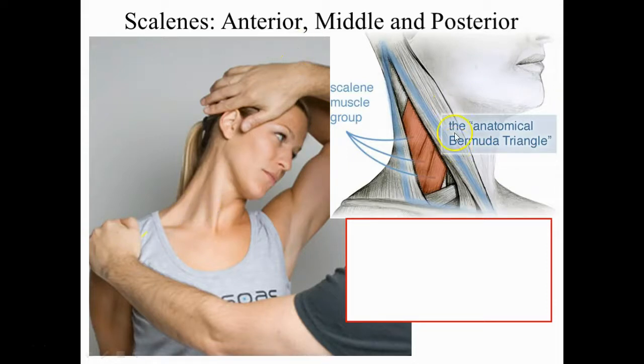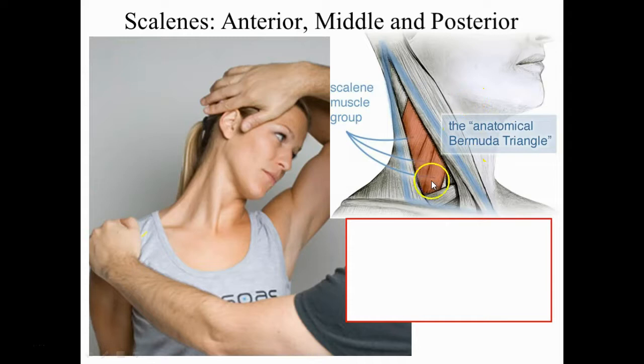Now, this is of anatomical importance for a lot of people because they sometimes end up having issues with the nerves that come through the scalene group and go out to the arm. So if these muscles get especially tight, it can actually cut off some nerve supply to the arm, and you'll get numbness, tingling, pain in the arm, or even disuse.